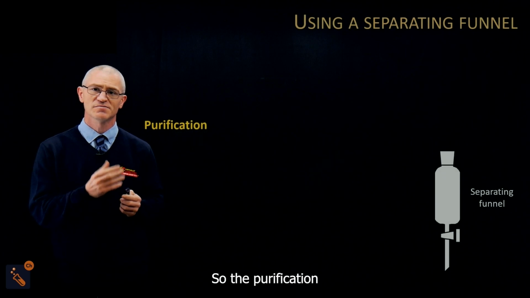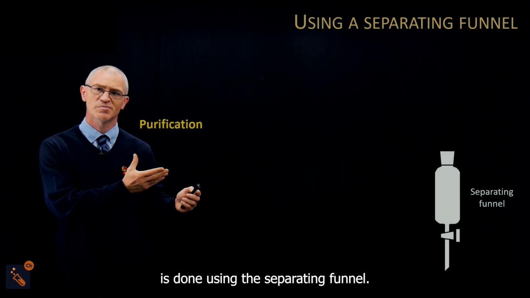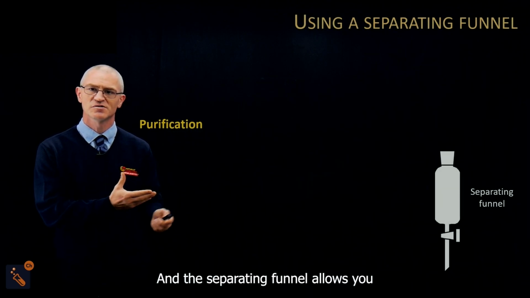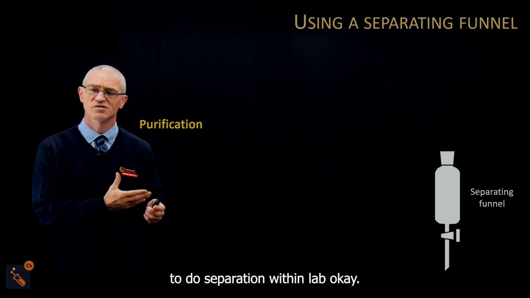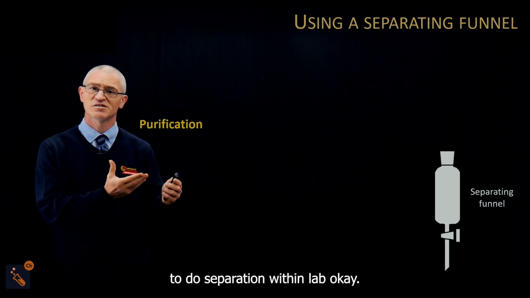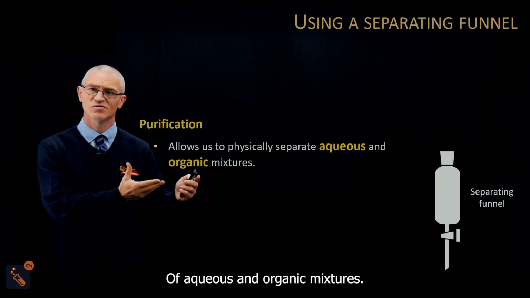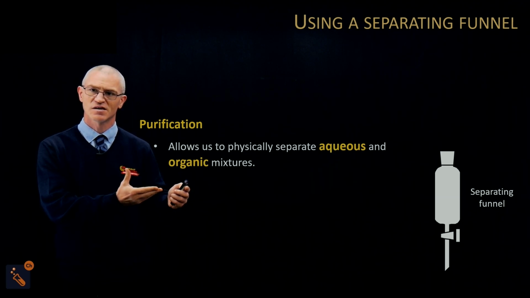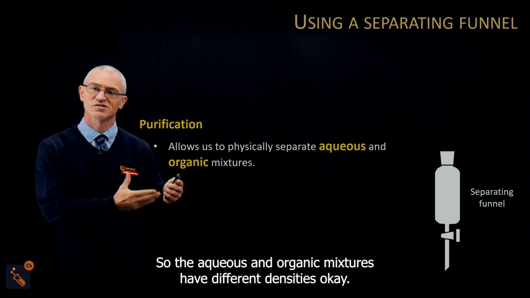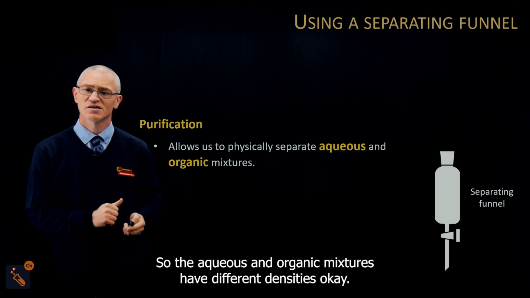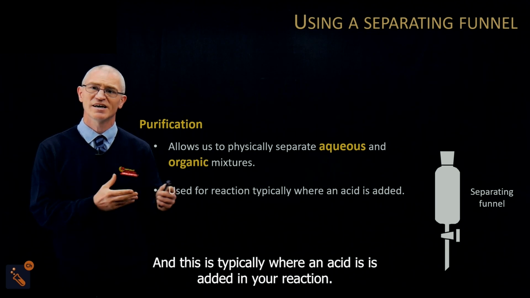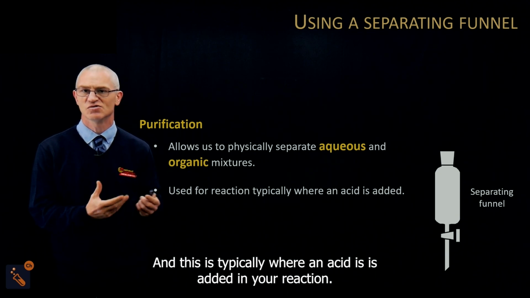So the purification is done using the separating funnel, and the separating funnel allows you to do separation within the lab, okay, of aqueous and organic mixtures. So the aqueous and organic mixtures have different densities, okay, and it's typically where an acid is added in your reaction.